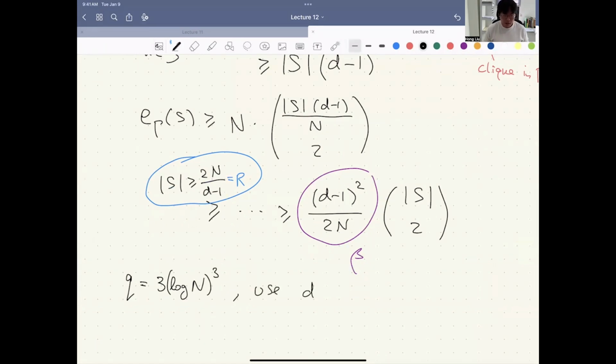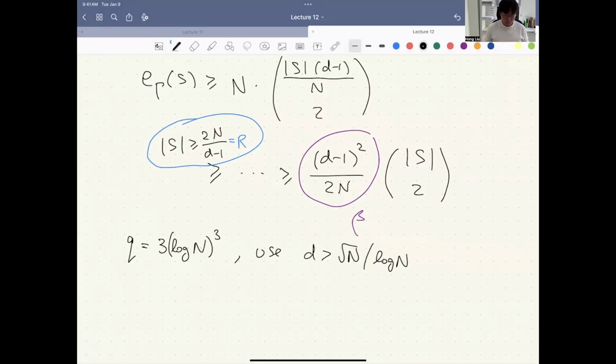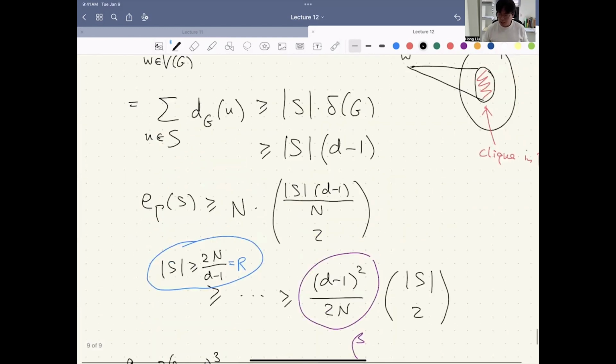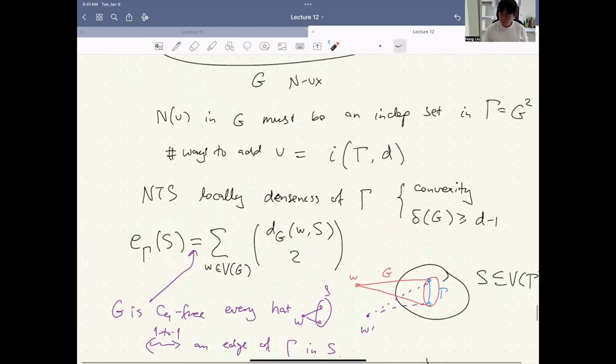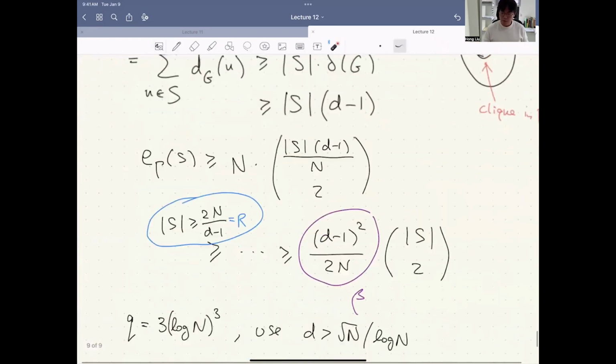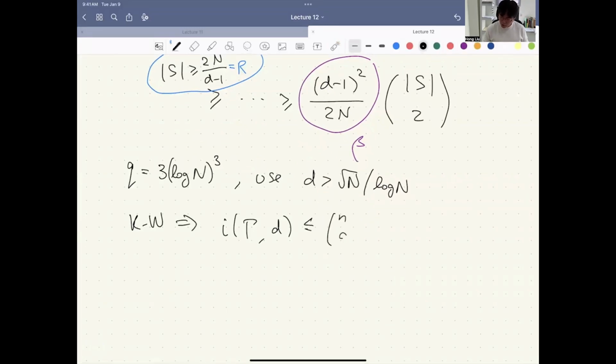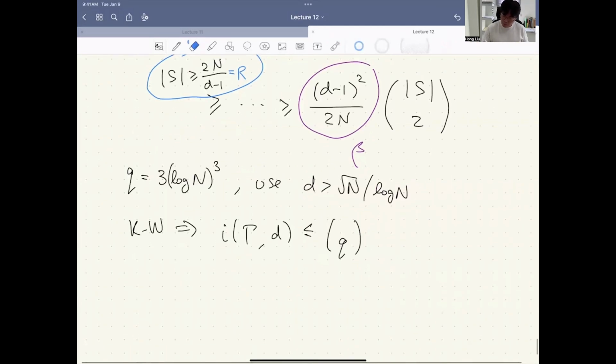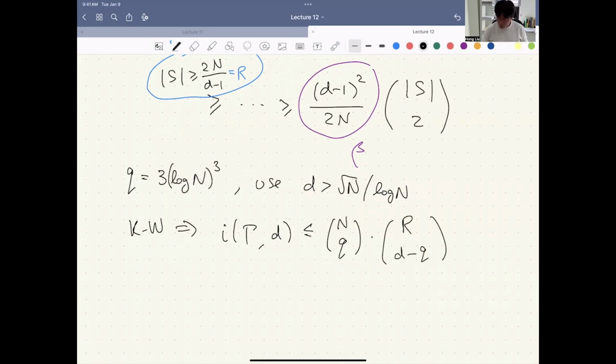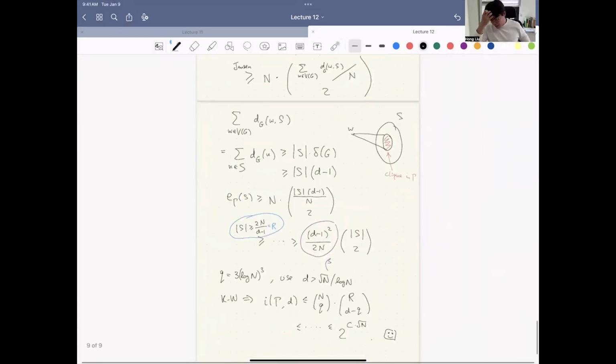And use the fact that D is large, that we reduced to, you use Kleitman-Winston to imply that the number of independent sets of size D, that's the thing we want to bound, is at most N choose Q times capital R choose D minus Q, and with some calculation, 2 to the some constant times square root N. I will skip the final calculation. All right, the calculation is not important.